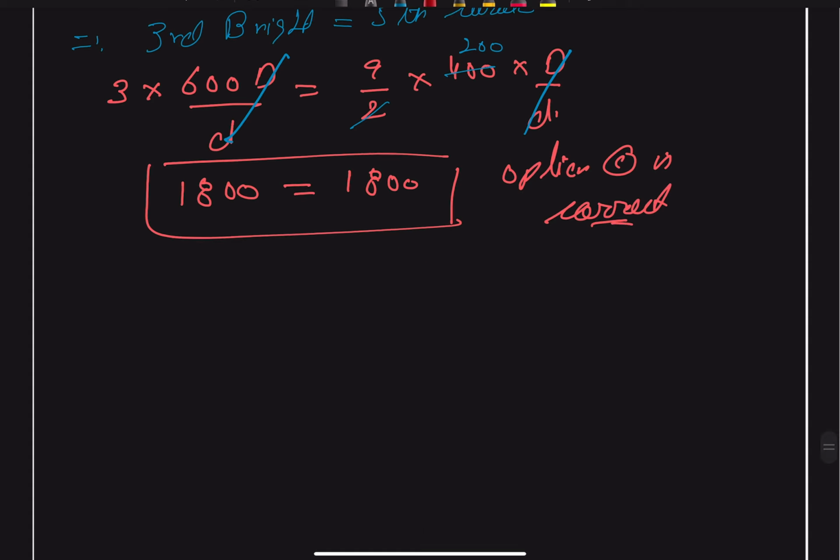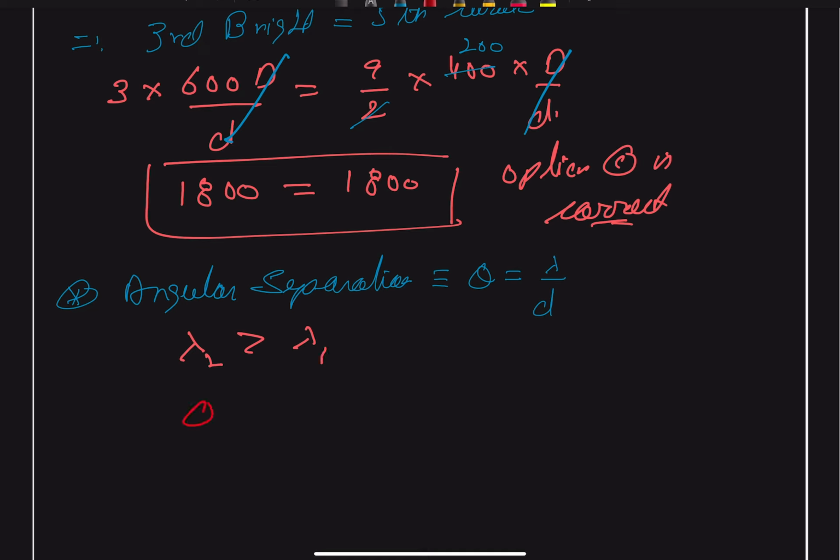And for the last option, we have the angular separation, which is theta, and theta is equal to lambda D upon d. Once again, we are given that lambda 2 is greater than lambda 1, so theta 2 is greater than theta 1.